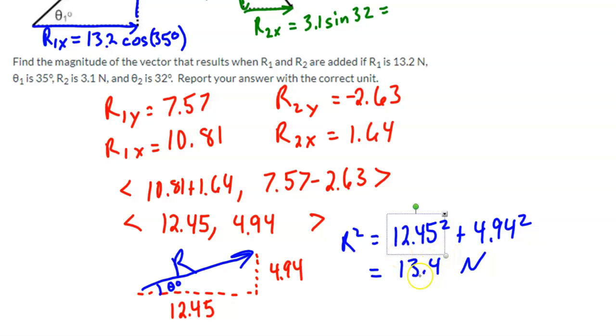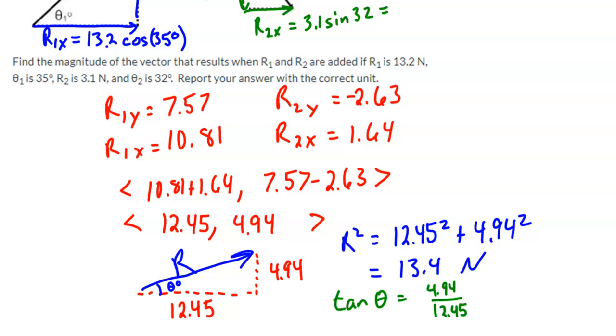And then to get the angle, we really could solve it any way we want to now because we have the resultant, but I'll use tangent because we have opposite of the angle and adjacent. So tan theta equals 4.94 over 12.45. Some people call that arctan, some people call that inverse tangent.